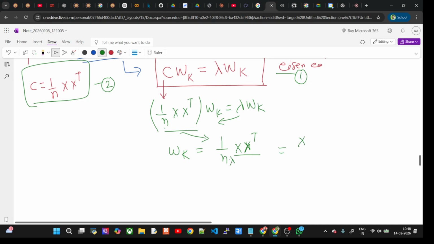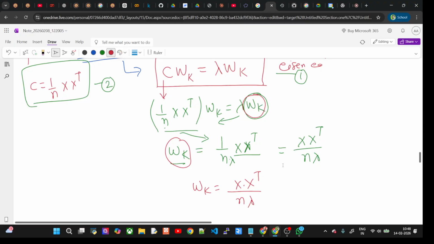So wk is equal to X into X transpose divided by n lambda.